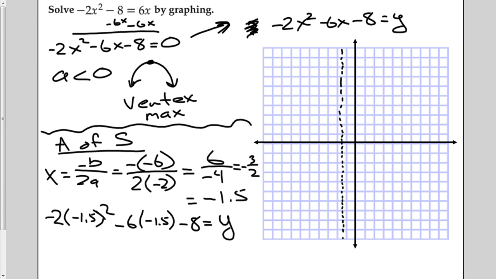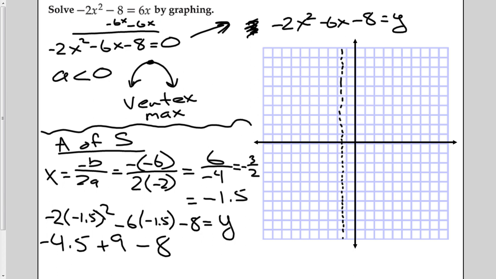So now I have negative 1.5 squared. So that's going to give me 2.25, and I'm going to multiply that by 2. So that gives me 4.5 right here. And it's a negative 4.5 because I'm multiplying it by negative 2. Then I'm going to have negative 6 times negative 1.5, which gives me a positive 9.